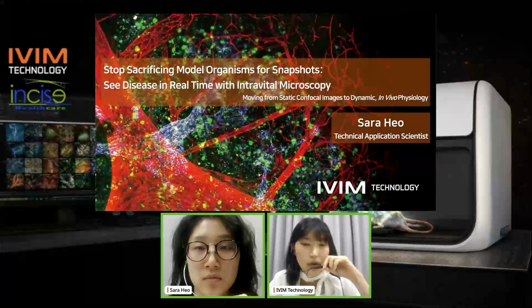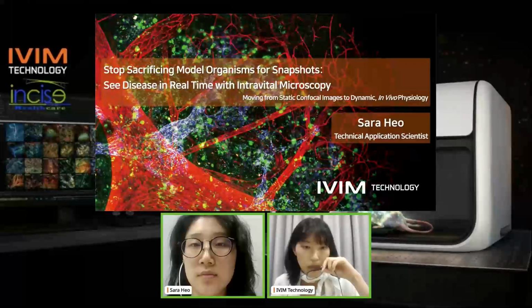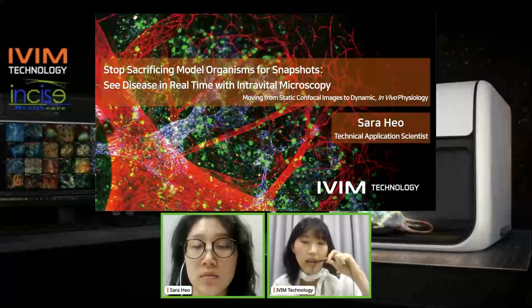Today, you will discover how intravital imaging is applied across a variety of research areas, including immune cell dynamics, lung imaging in sepsis models, fatty liver disease, and longitudinal brain imaging.